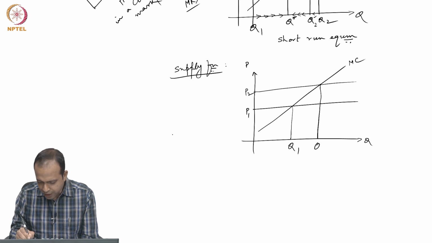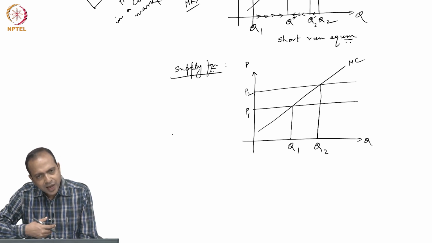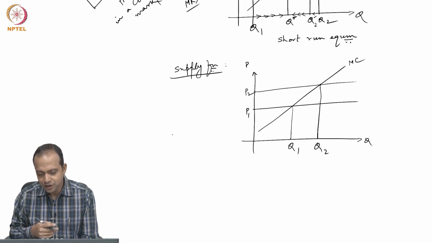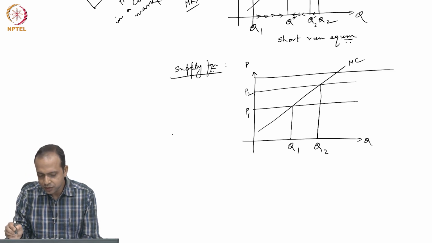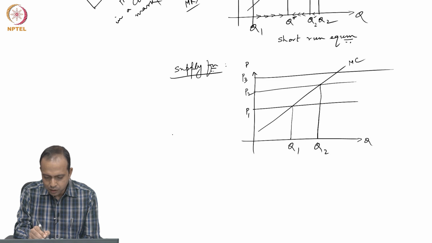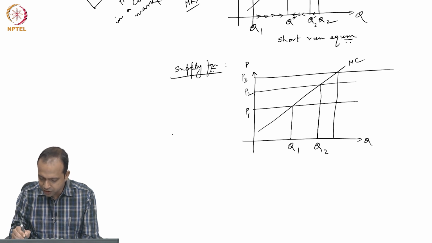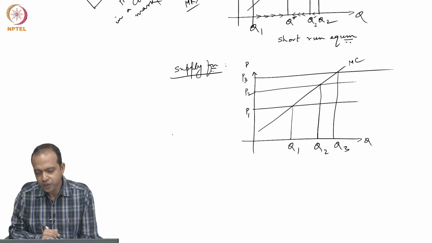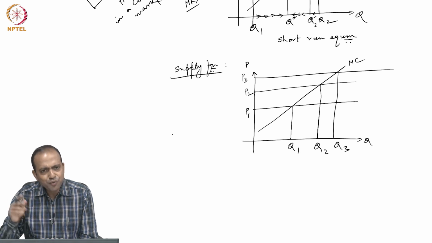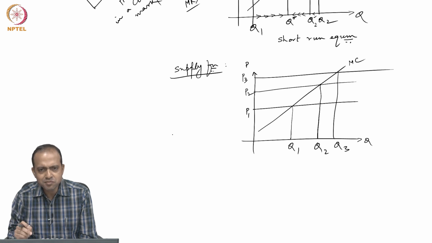So, the firm will adjust the output by revising it upward. Similarly, if it is P3, they will again revise it upward. So, in a way we can say that this upward sloping MC curve is actually the supply curve for the firm.